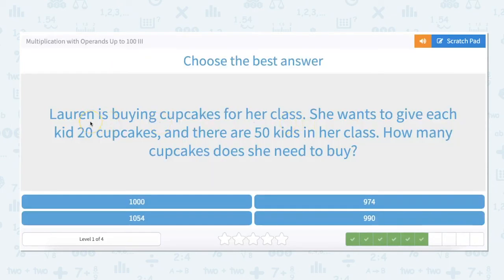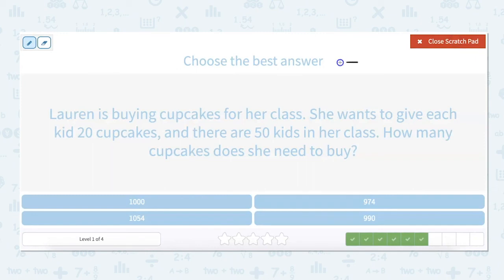Lauren is buying cupcakes for her class. She wants to give each kid 20 cupcakes, and there are 50 kids in her class. How many cupcakes does she need to buy? All right, so we could go ahead and do 50 times 20.